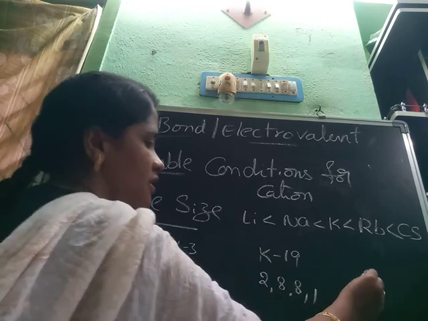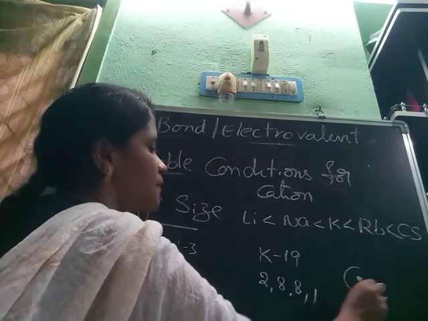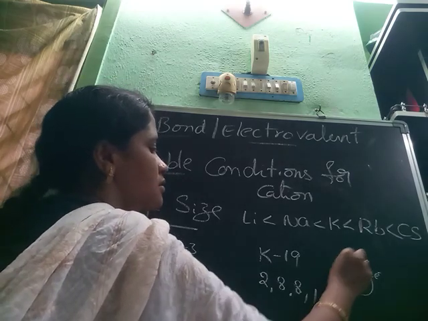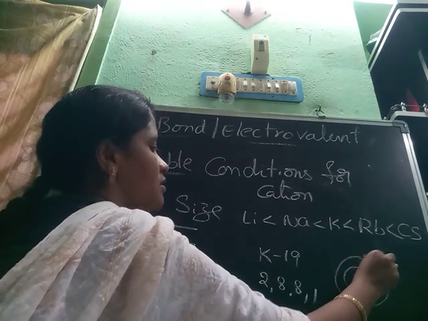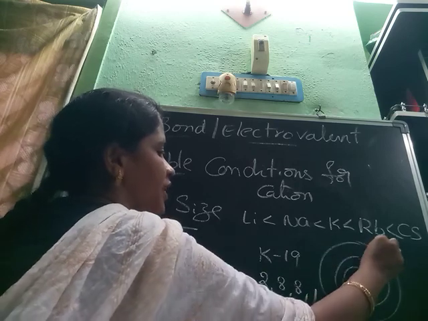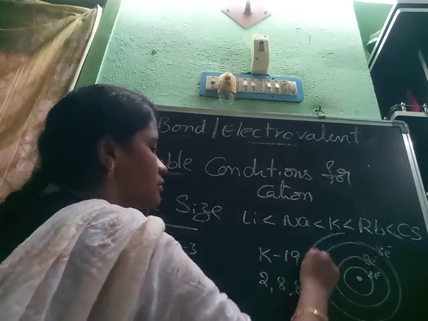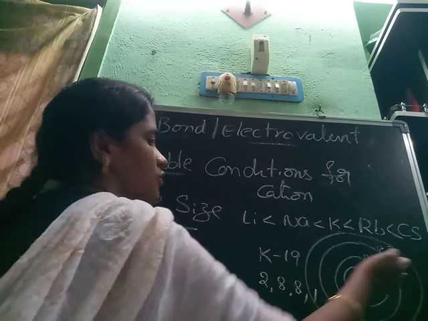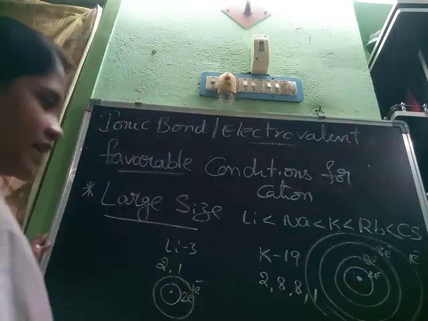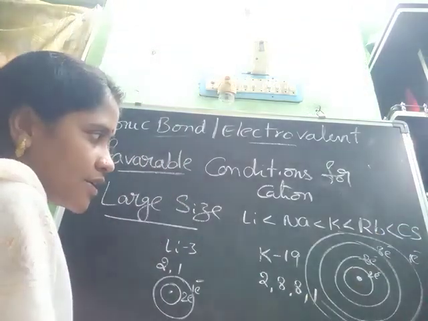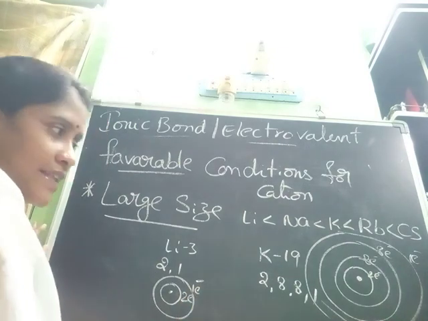Next, this one you see: nucleus, 2 electrons, 8 electrons, 8 electrons, 1 electron. Which can give the electron easily?